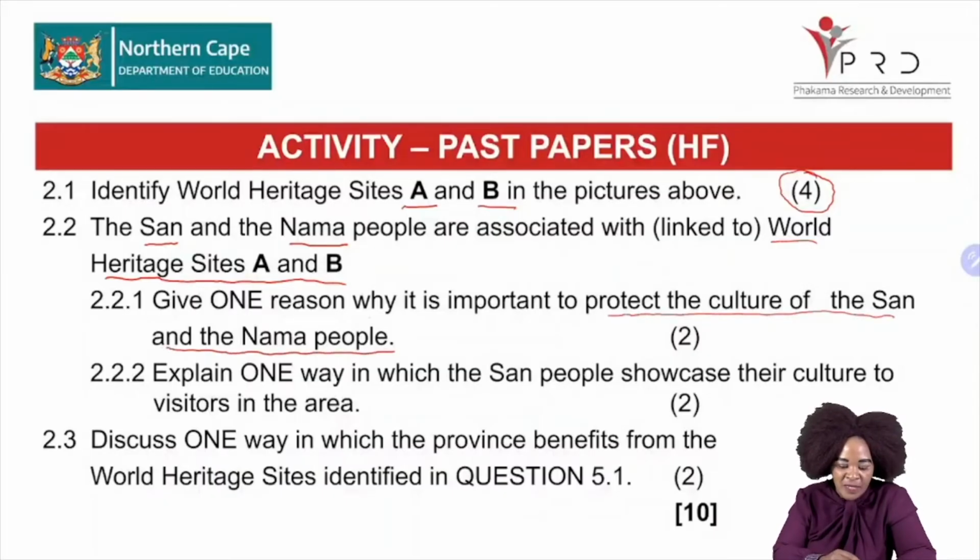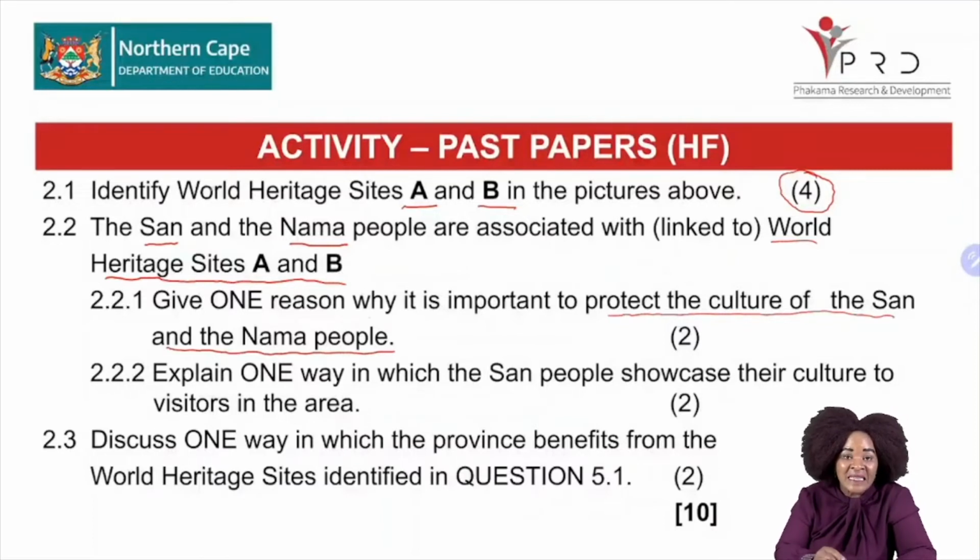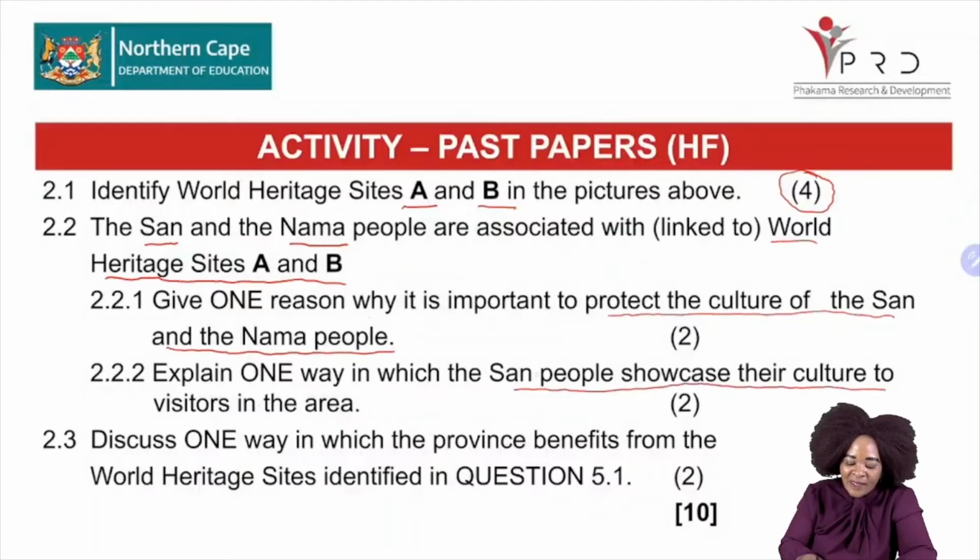Why is it important to protect the 2 cultures in the Northern Cape? 2.2.2, explain one way in which the San people showcase their culture to visitors in the area. How do they showcase their culture to the visitors in the area?